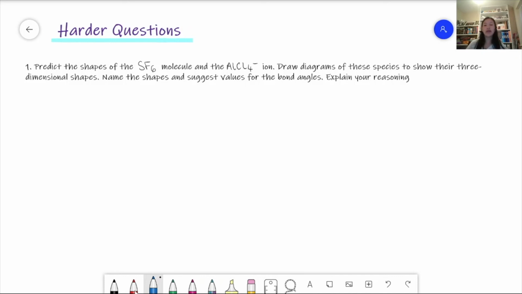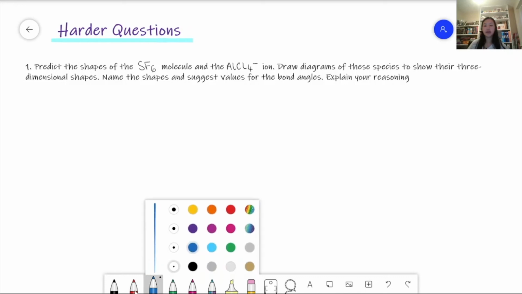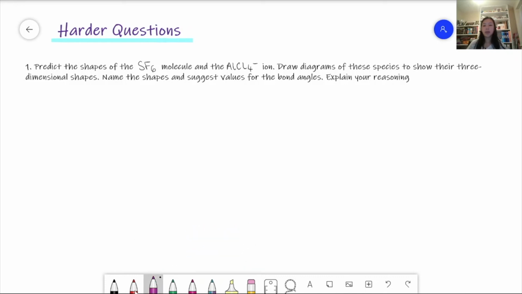So we start off with the SF6 molecule. So sulfur is in group 6, so it has 6 outer electrons. And then fluorine is in group 7, so we know it has 7 outer electrons.